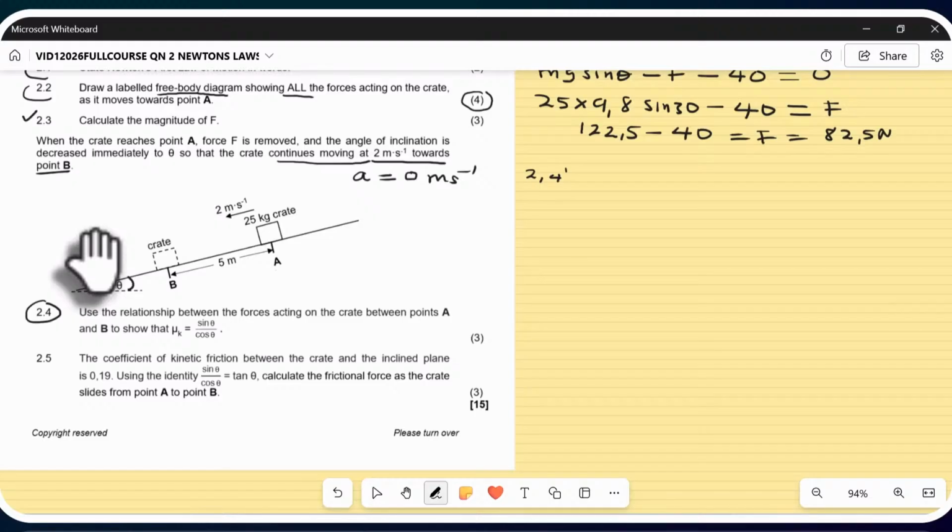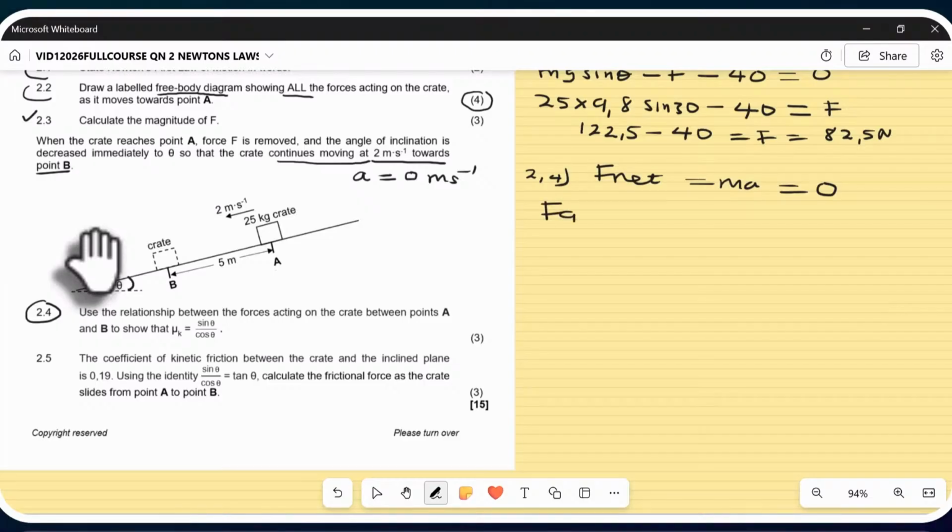Why is it going down the slope now? Because we have removed the force F, but still there is the incline, and because of the incline, we still have our FG parallel, which is taking the crate down the slope. So now FG parallel minus frictional force should be equal to 0.